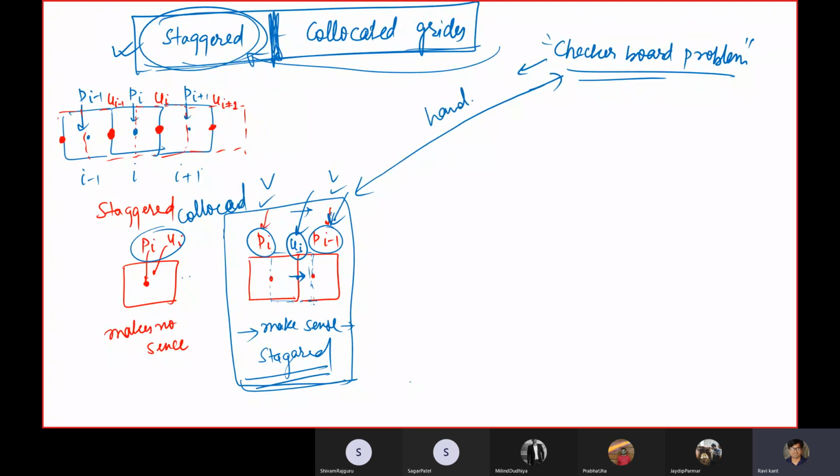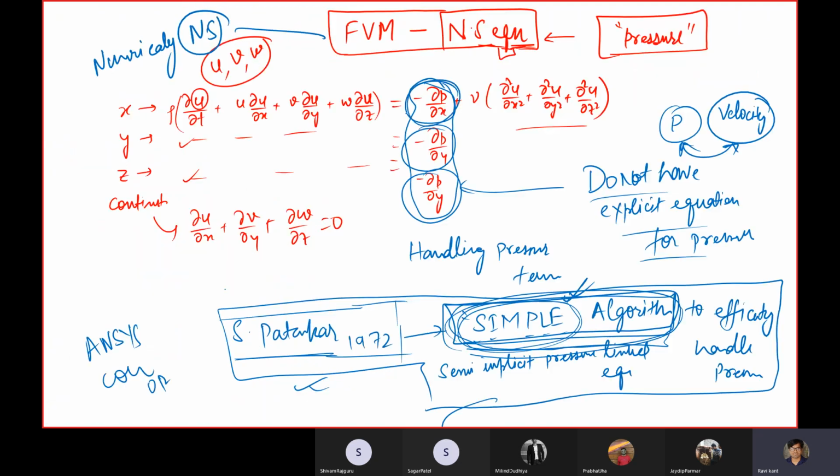This handles the checkerboard problem. And what is the checkerboard problem? Let me tell you that in order to, so we have this pressure term here. Okay, so all the terms, if you want to go in finite volume method discretization, you need to integrate with dx. Every term integrate with dx. So this pressure also dx.